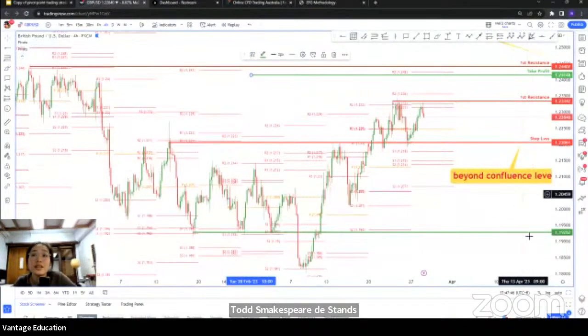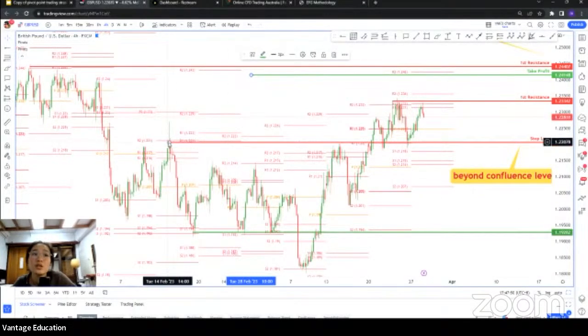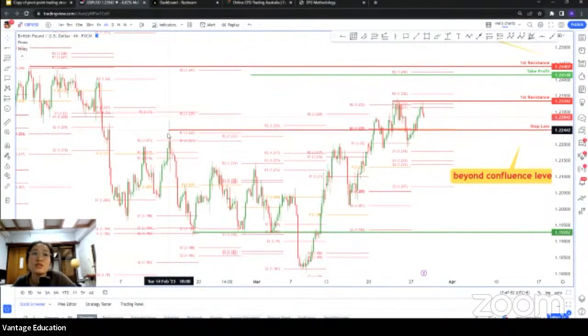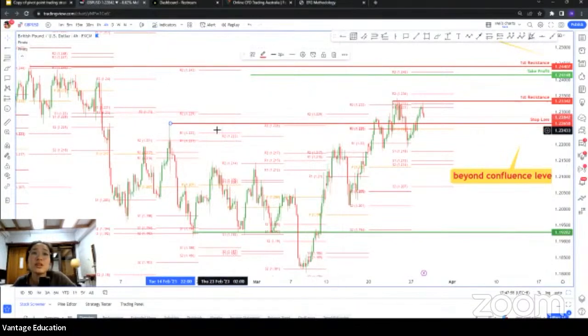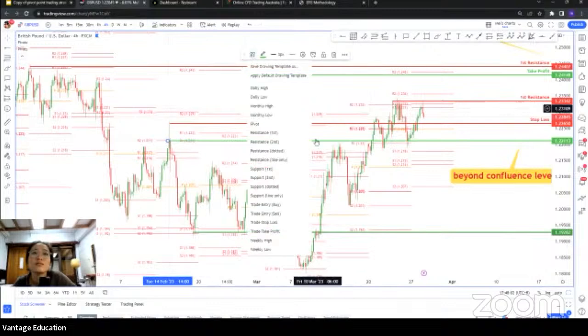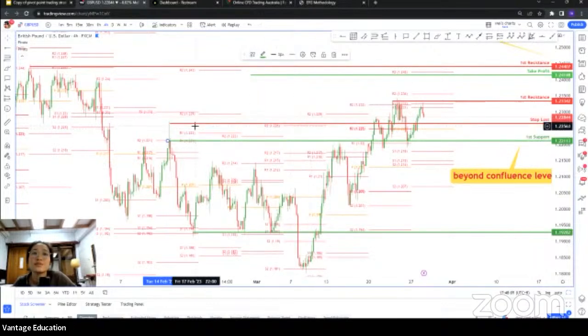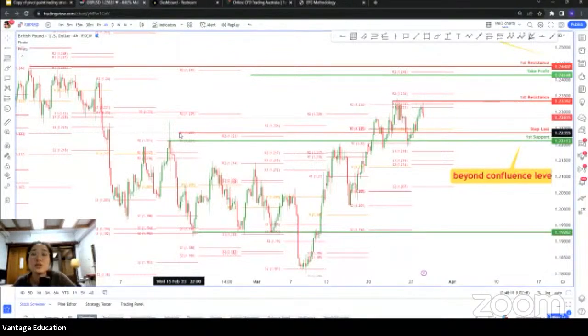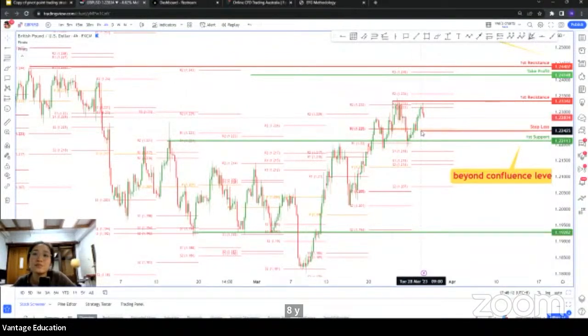Okay, and then for stop loss, you would want to have your stop loss beyond the confluence area. So once again, my confluence area is here. Okay, at my first support, my stop loss would be beyond it.